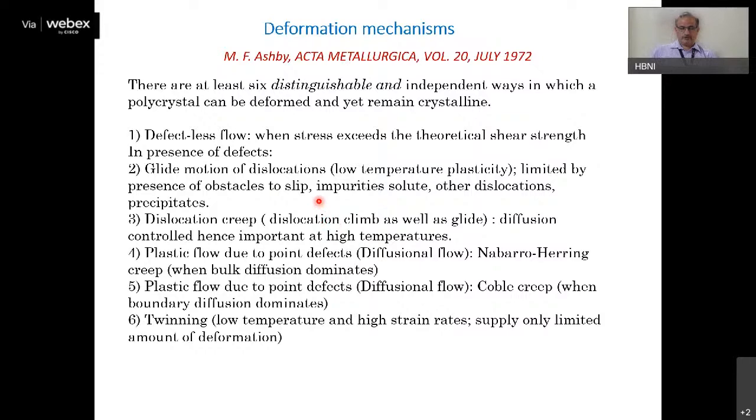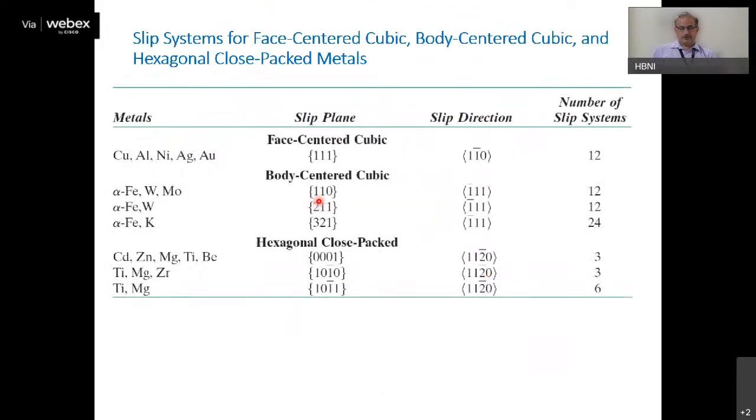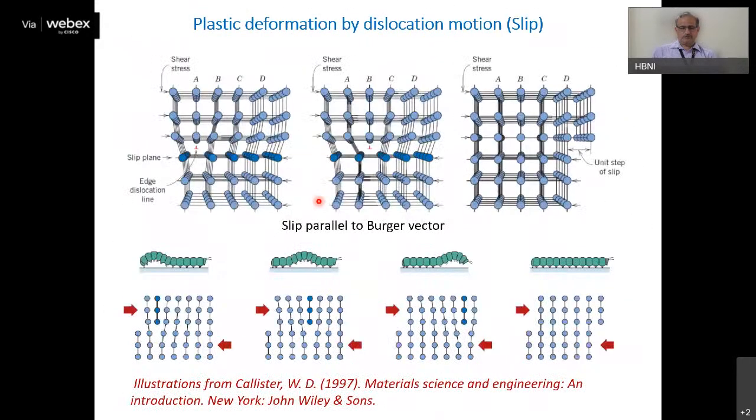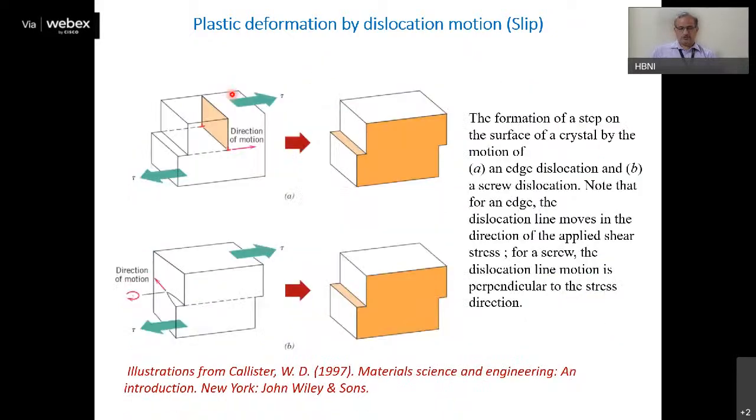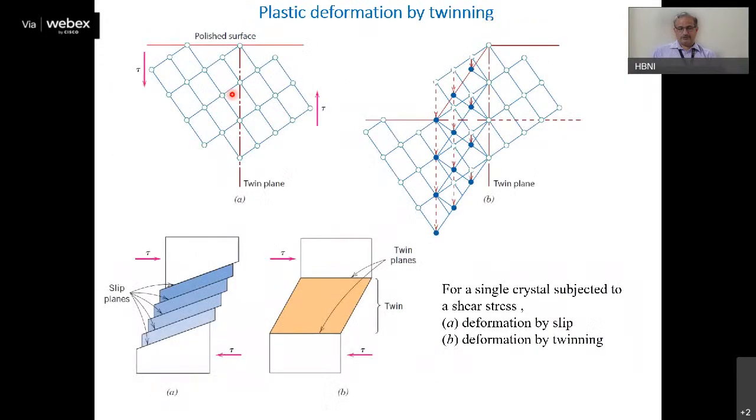If I go to the dislocation picture, this cartoon, here the dislocation line is moving in this slip plane. Whereas at high temperatures, it can move to this position or some higher positions. This is called dislocation climb, and this is also a mechanism of plastic deformation.